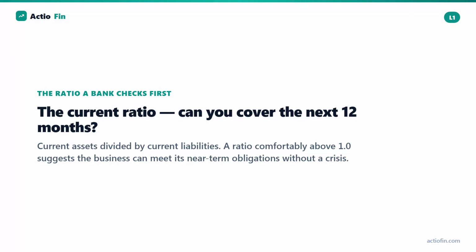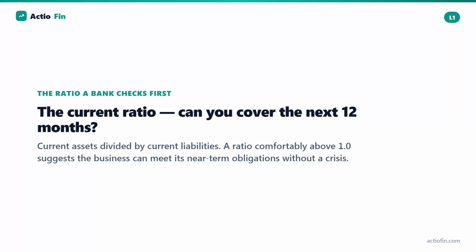Current liabilities total £59,000. Dividing gives a current ratio of just under 2. Meaning Brindley holds nearly twice the current assets it needs to cover everything due within the next 12 months.